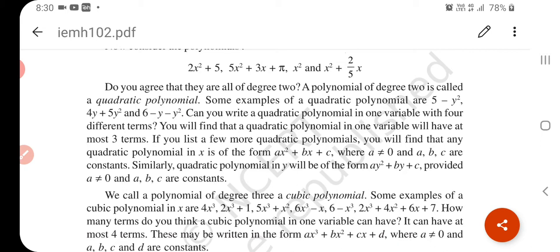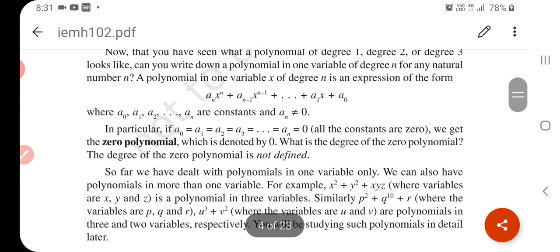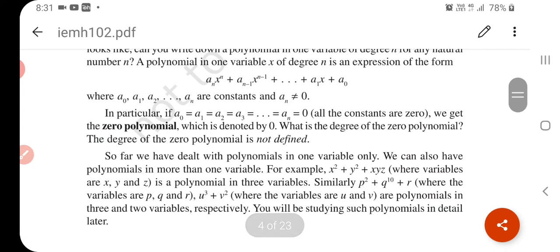And if we talk in terms of terms, how have we divided them? Monomial, binomial, trinomial and multinomial. Understand? And if there is a constant term, the constant means the power is 0, so that is a polynomial of degree 0.